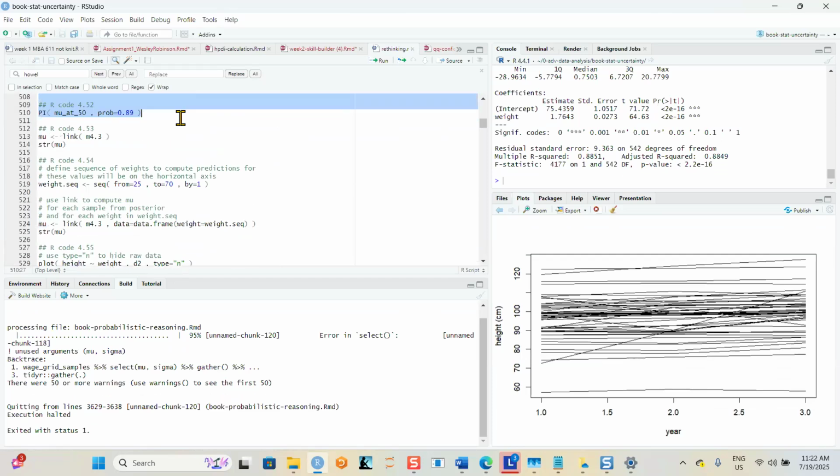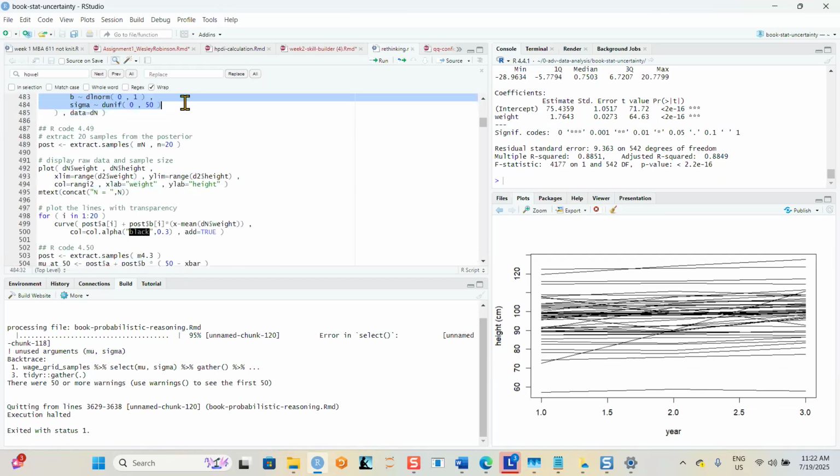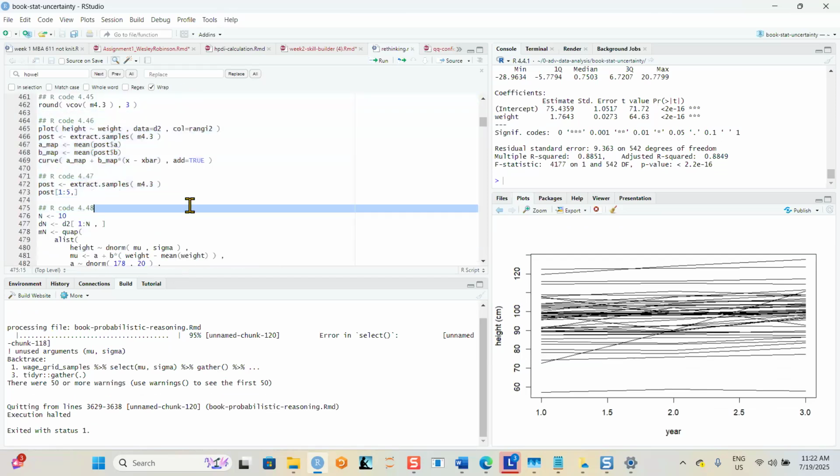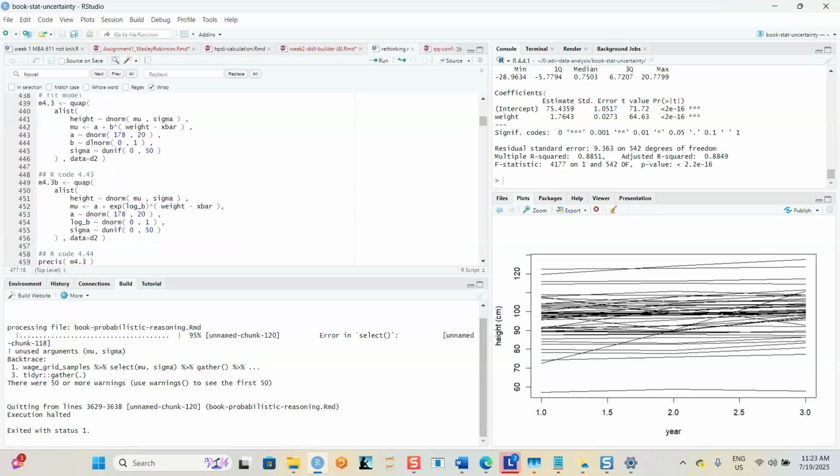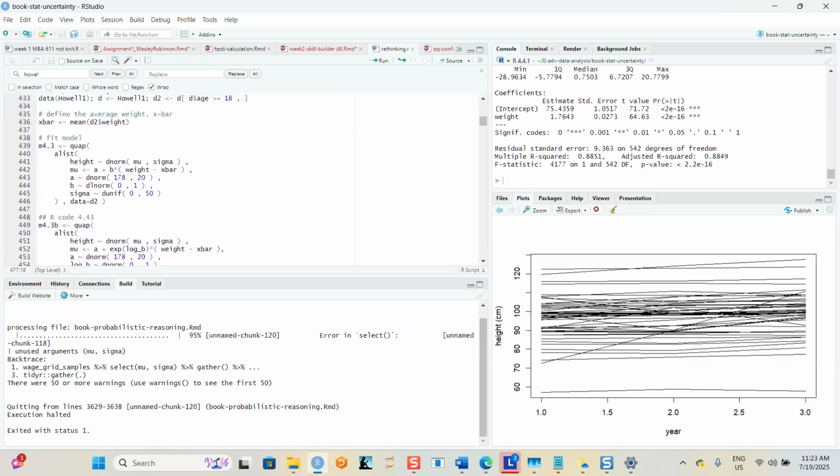Yeah, let's go back up here. Sorry about this. Okay. So we have this X bar model.